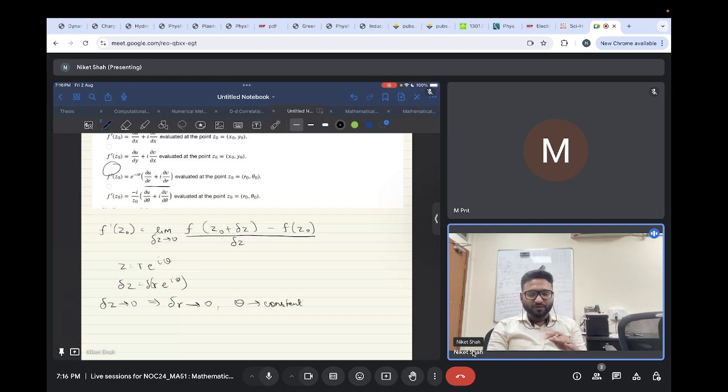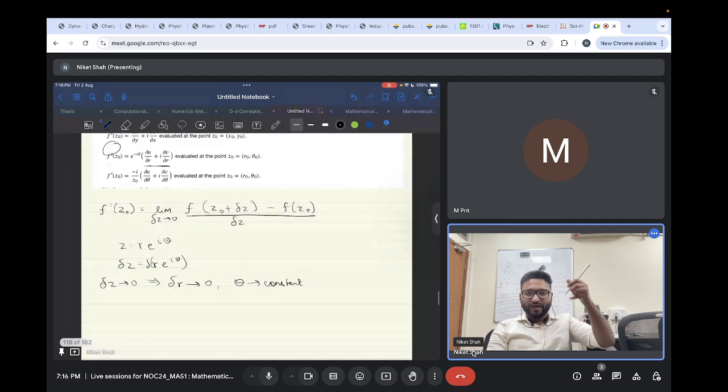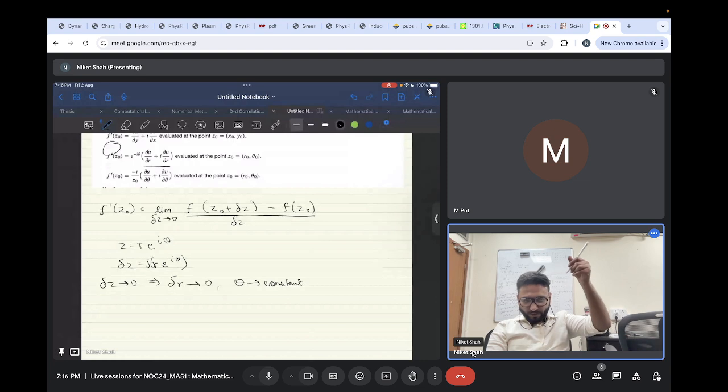I'll keep theta constant so that the del theta part does not come in anywhere. I just want the del r part. So basically I am approaching the point z0 in the radial direction. That's the idea behind this. Del r tends to 0, but theta is constant, so I'm approaching that particular point in the radial direction.